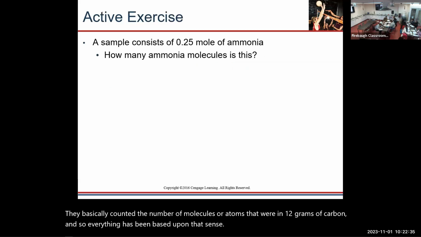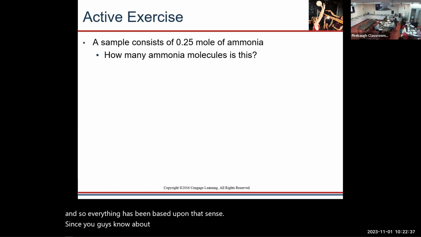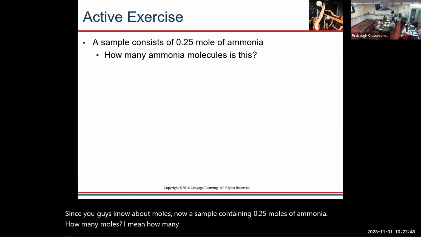So, since you guys know about moles now, a sample containing 0.25 moles of ammonia, how many ammonia molecules is this?